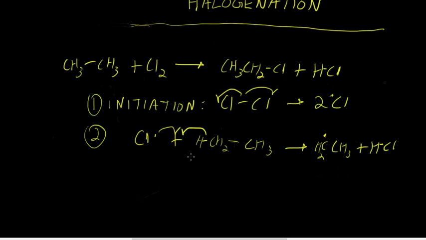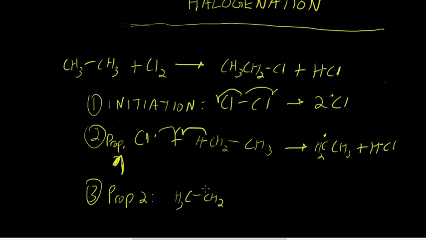After this step, which is propagation step 1, you'll have propagation 2, which is a fast step. And that's basically where this ethyl radical is going to react with diatomic chlorine to give you chloroethane.